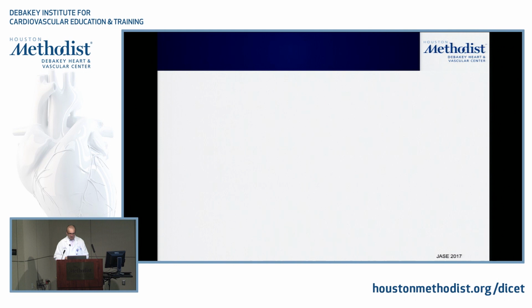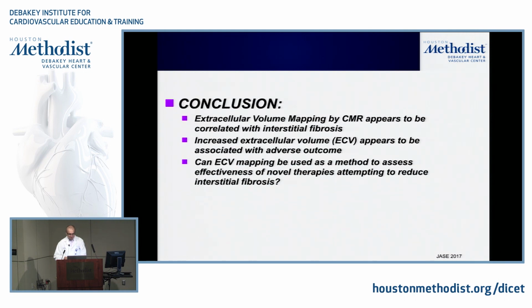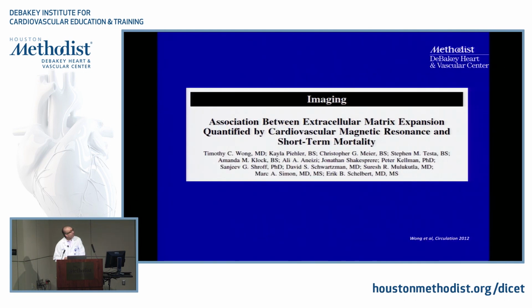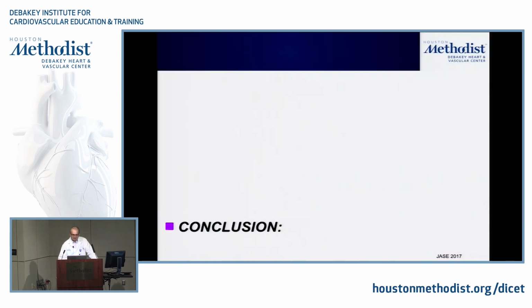And furthermore, this was a study, I think we skipped past this, I must have hidden that slide, out of a group at Pittsburgh which looked at the utility of this in identifying prognosis, and it showed that patients with the highest tertile of extracellular volume fraction, highest ECV, had a worse outcome compared to patients with the lowest tertile, and that there was a relationship between the amount of extracellular matrix deposition measured by CMR and short-term mortality in these patients.